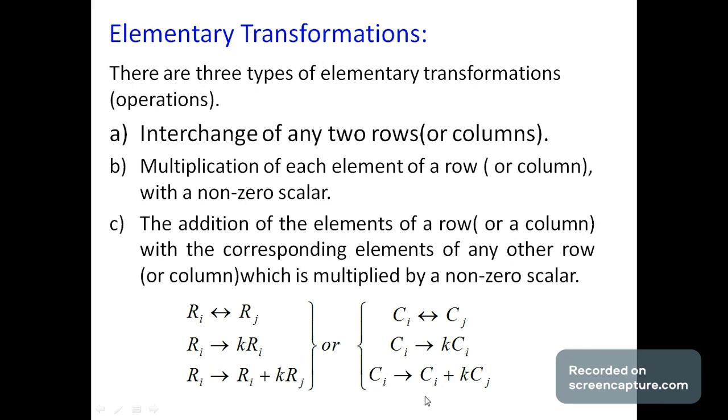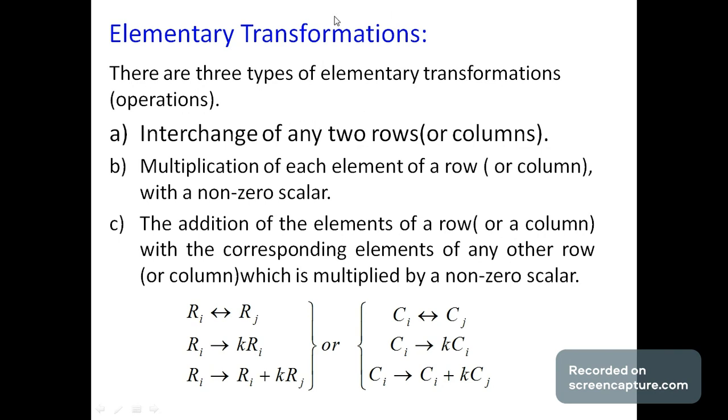In the same way for column operations, the ith column is replaced by the ith column plus k times the jth column. So these elementary transformations are used in the rank of a matrix.